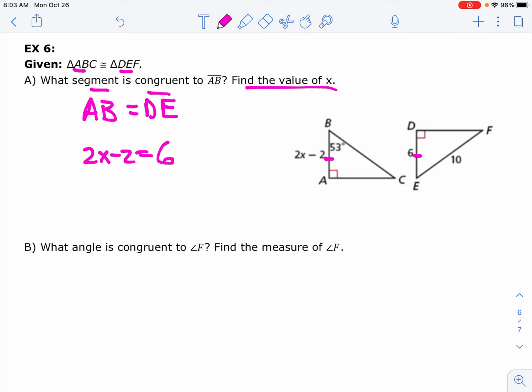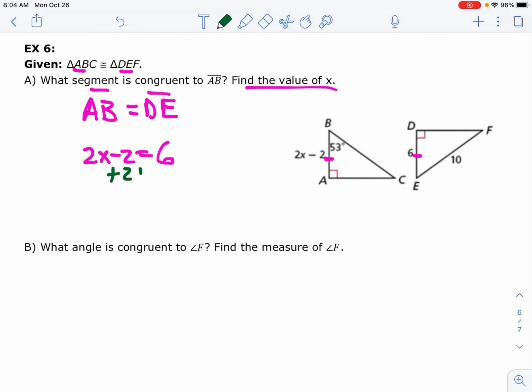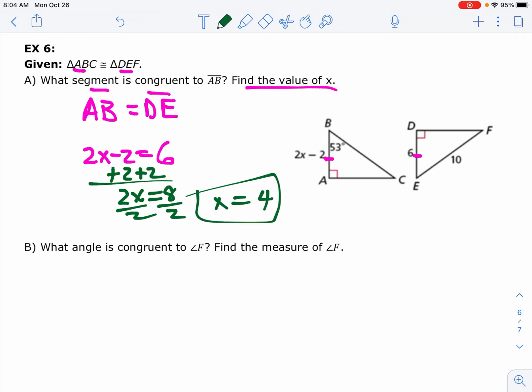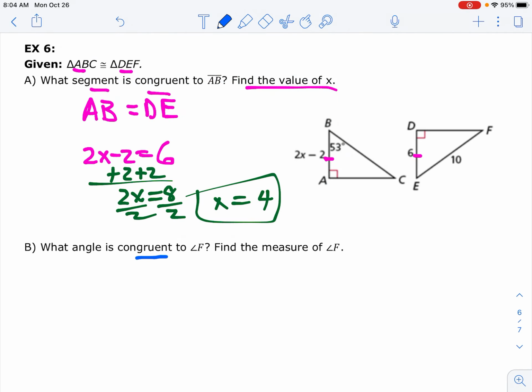So 2x minus 2 has to be equal to 6. We'll solve it. Let's add 2 to both sides. We get 2x equals 8. And now I'm going to divide by 2, which will tell me that x is equal to 4. Now let's look at the second part of this question. It says, what angle is congruent to F?